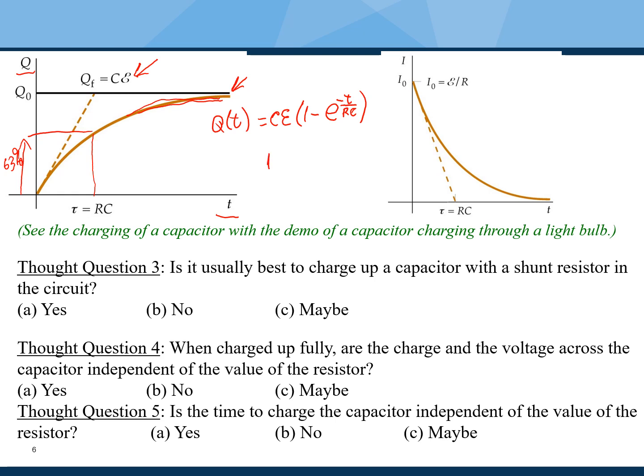So we can obtain I as a function of time, which is equal to dQ/dt, and that just gives us E divided by R times e raised to minus t divided by RC. You can go ahead and do the differentiation a little bit offline.